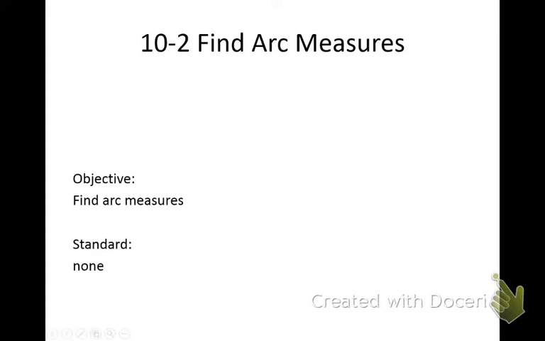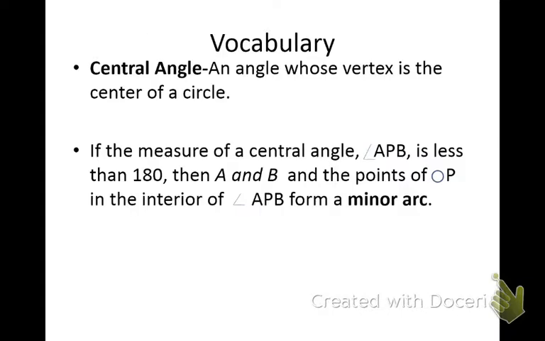Find arc measures. Our one objective is to find the arc measure in 10.2. So we have some vocabulary. A central angle is an angle whose vertex is the center of the circle.